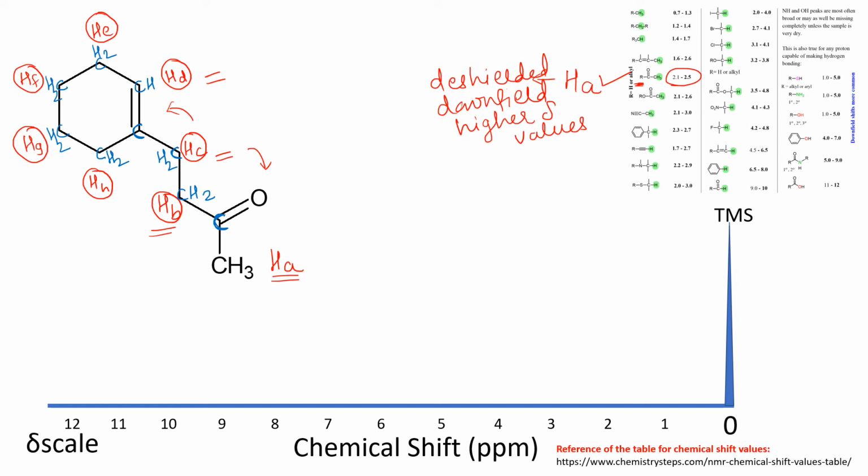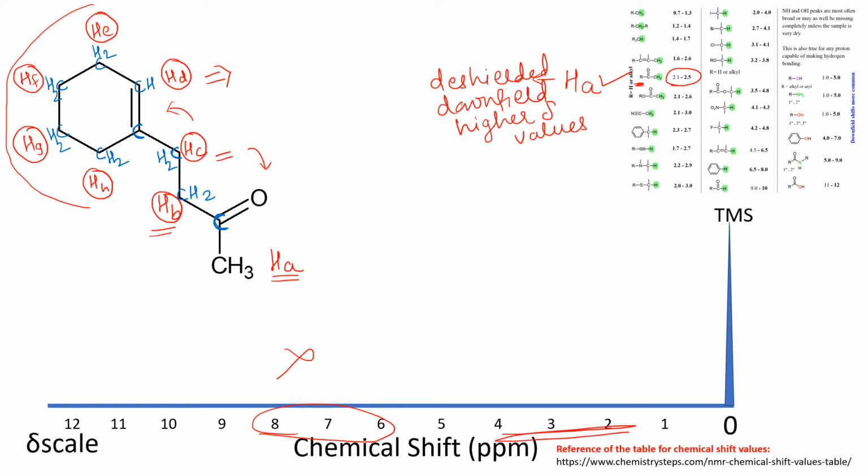This is closer to the double bond, and then we have E, F, G, and H. Now see, in all these groups there are no aromatic protons, so no peak will appear in this range.